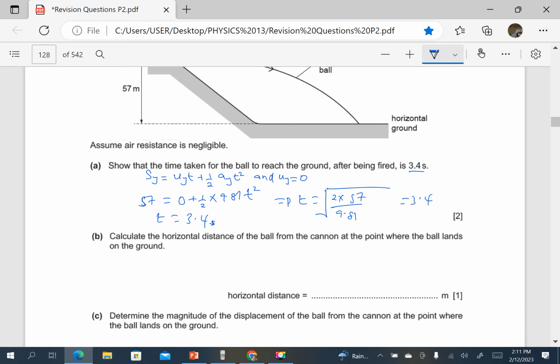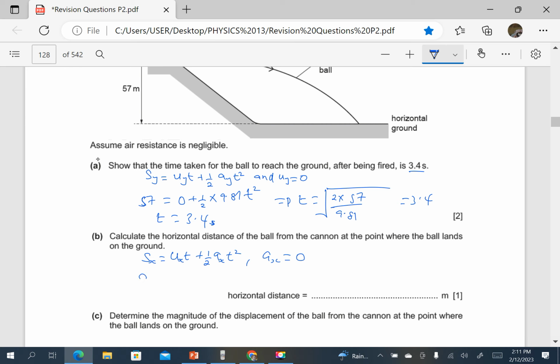Calculate the horizontal distance of the ball from the cannon at the point where the ball lands on the ground. Horizontal. So we are going to consider horizontal motion. S in the horizontal equals initial velocity in the horizontal times time, plus a half acceleration in the horizontal times t squared. Remember, acceleration in the horizontal is 0 because there is no force in the horizontal.